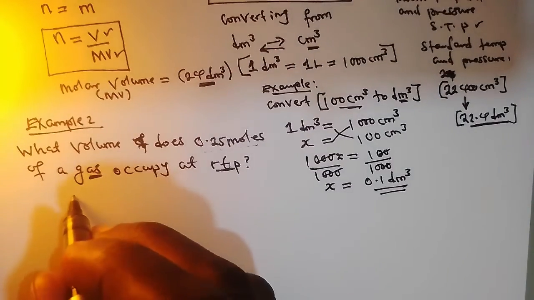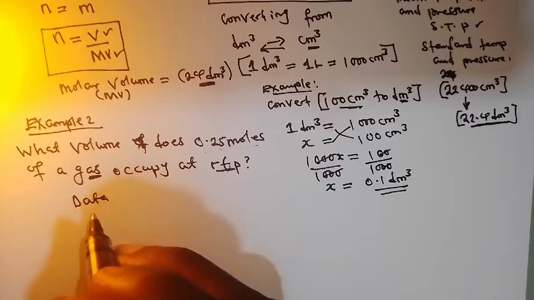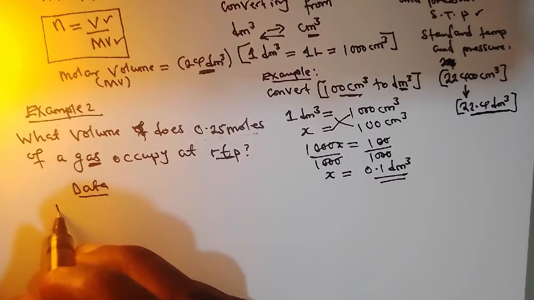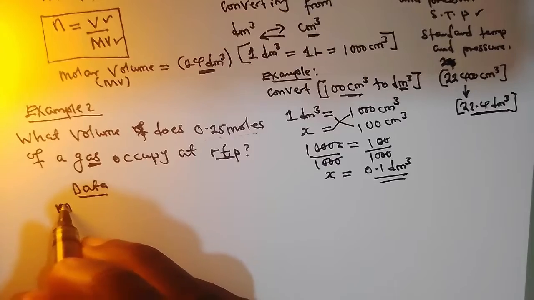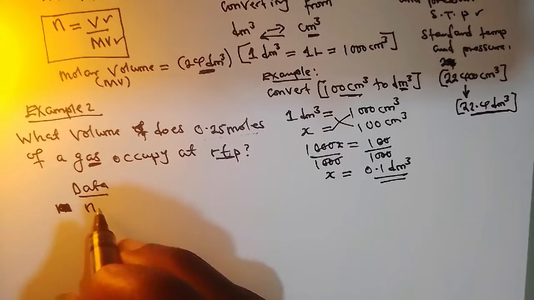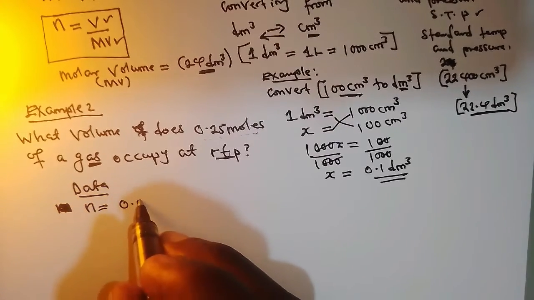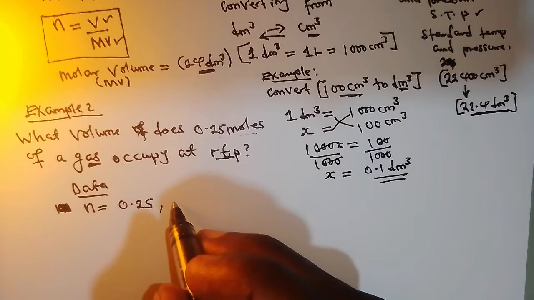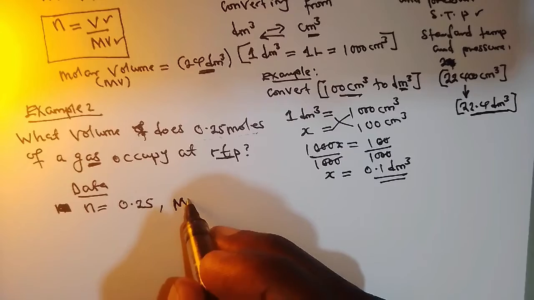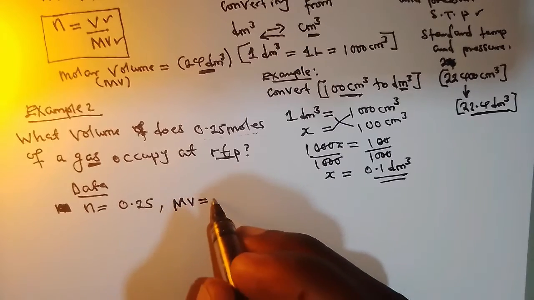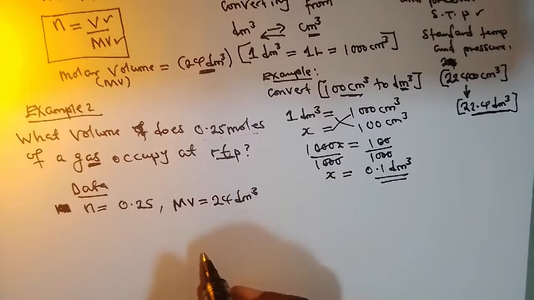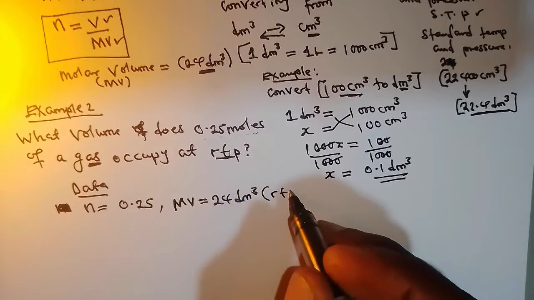We have the number of moles, n, equal to 0.25, and the molar volume, MV, equal to 24 decimeter cubic for RTP.